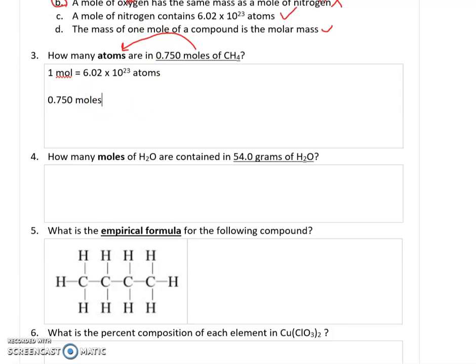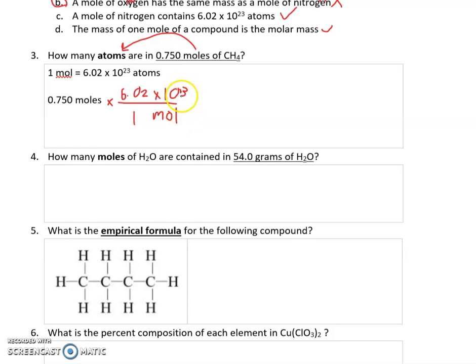Now I have to cancel out this unit. If I want to cancel out moles, I have to multiply by moles at the bottom. So I'm going to have my moles at the bottom. And I know that in 1 mole, there are 6.02 times 10 to the 23rd atoms.